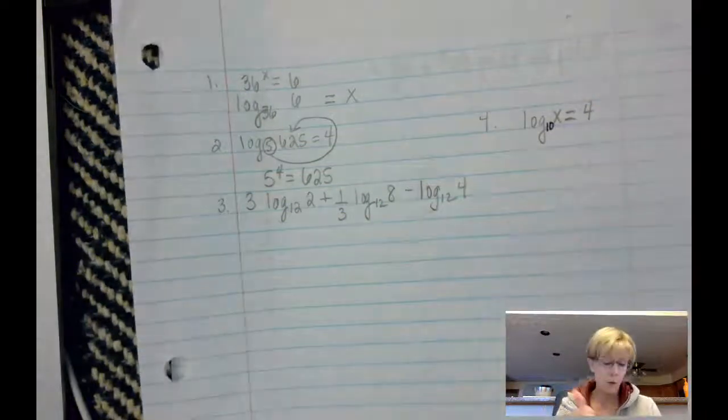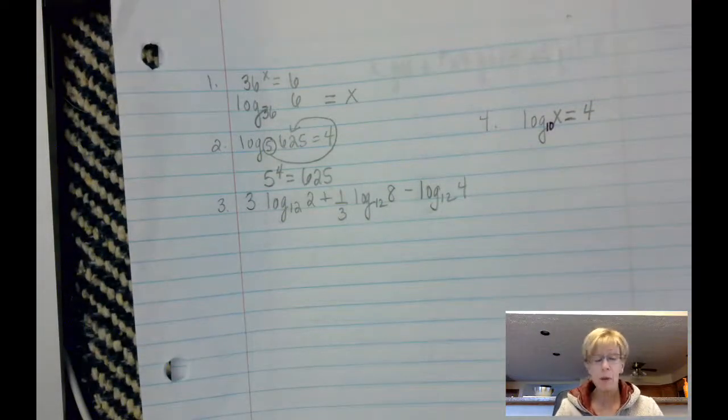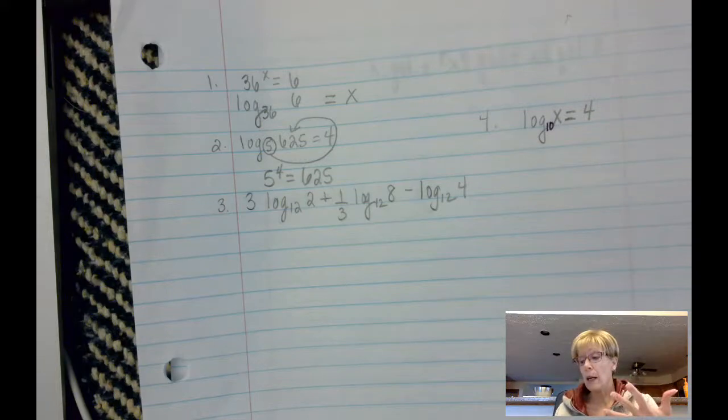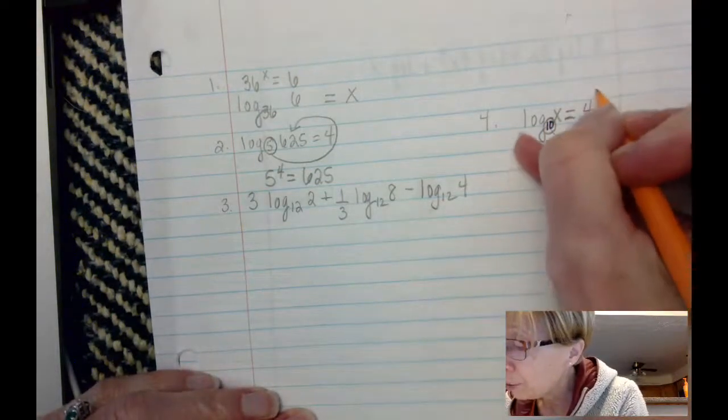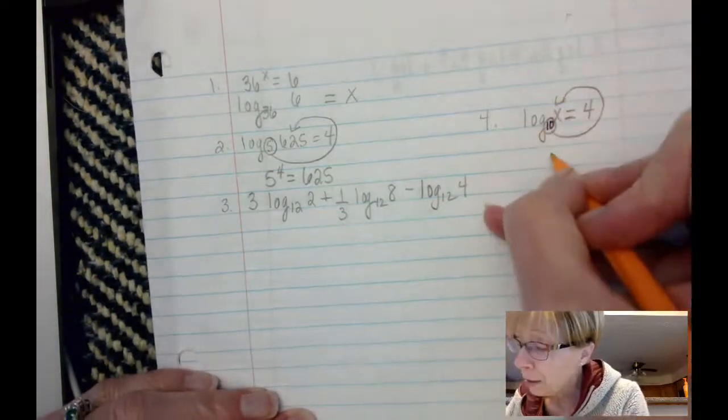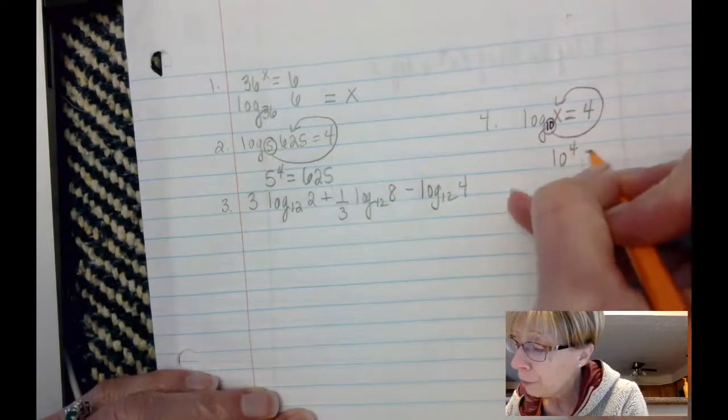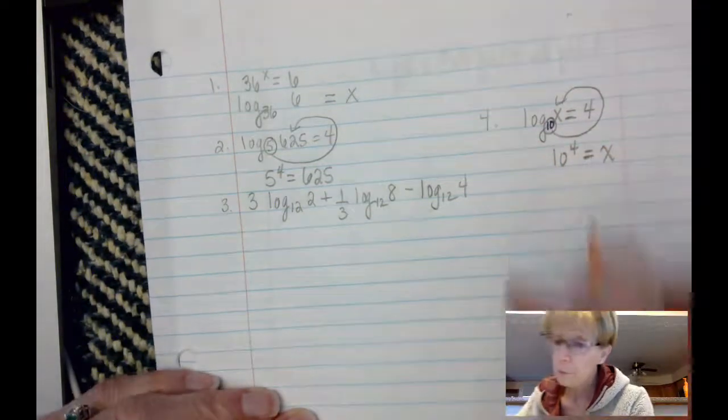And I don't know if you can see, I wrote it in purple. But once we know that, again, a logarithm is another way of writing an exponent. Coincidence that the exponent is a 4 again. But if we start with the 10 and we kind of curly Q around, then we're going to get 10 to the 4 equals x.